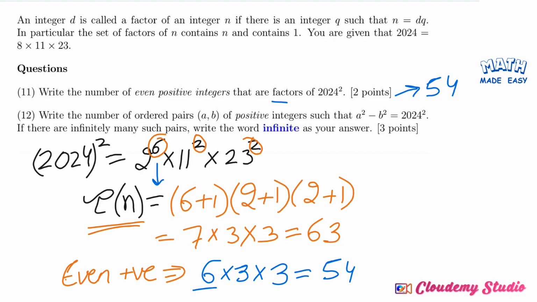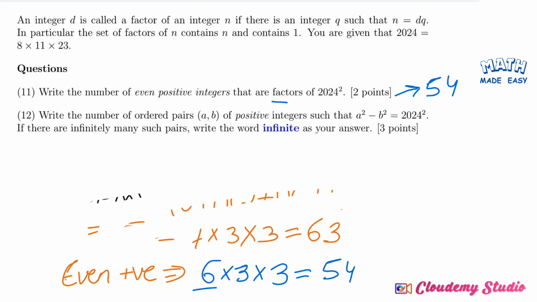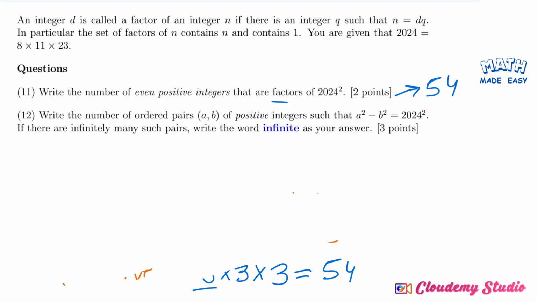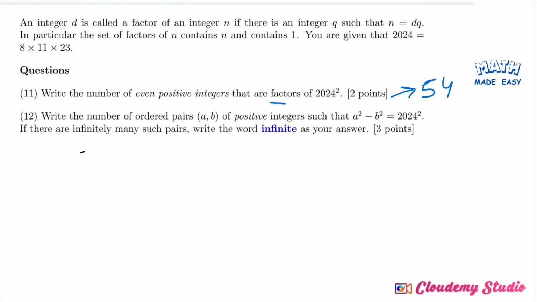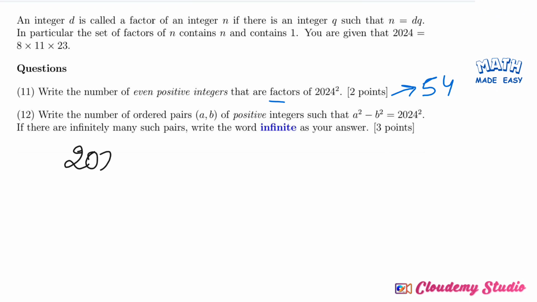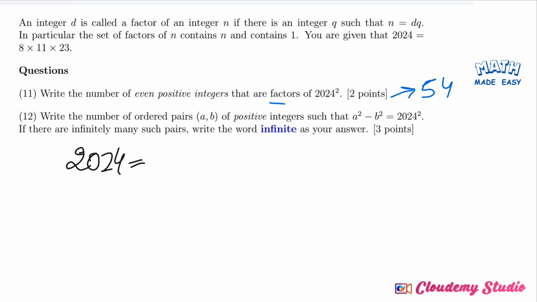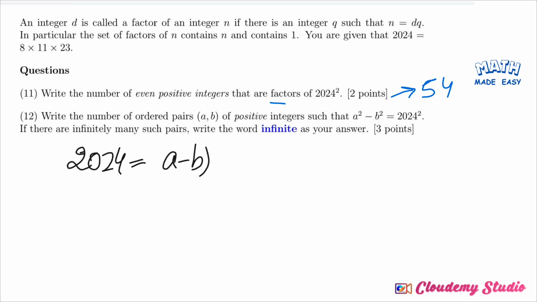Next is: write the number of ordered pairs (a, b) of positive integers such that a squared minus b squared is 2024 squared, or if there are infinitely many such pairs, say so. So how can we write it? We have to write 2024 squared equals (a minus b) times (a plus b).